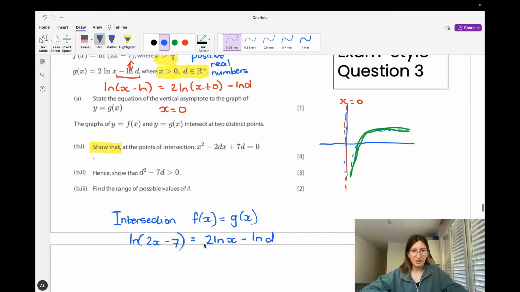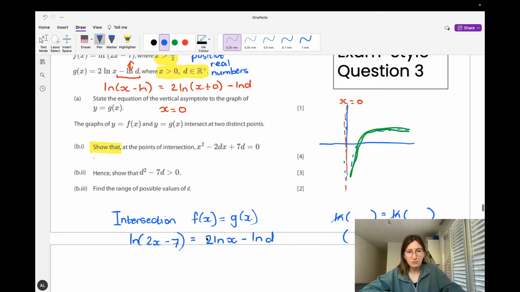When I'm solving log equations, I need them to all be in this form: natural log of something equals natural log of something. Once I have them in their neat little brackets, I can drop the logs. I can essentially cancel them out on each side and just have those things to solve, which is way easier.